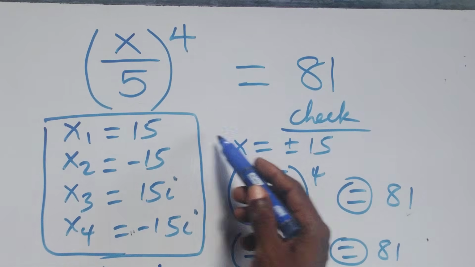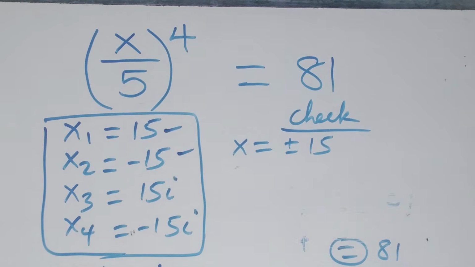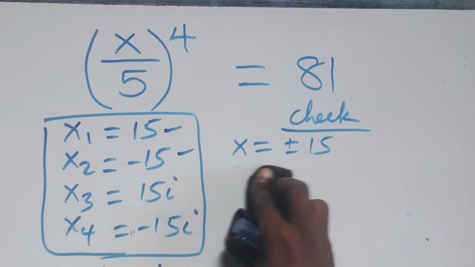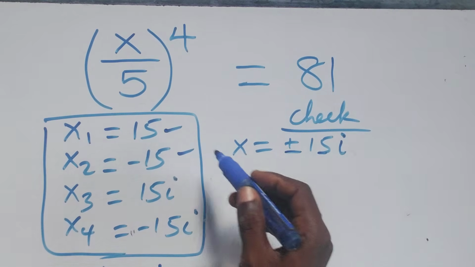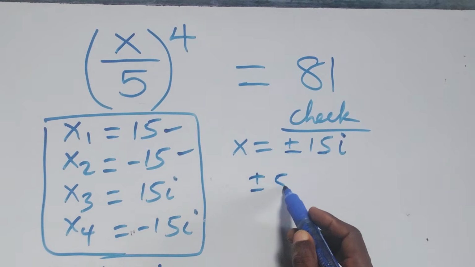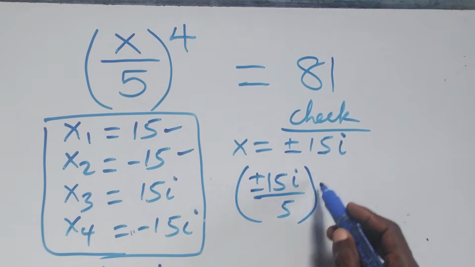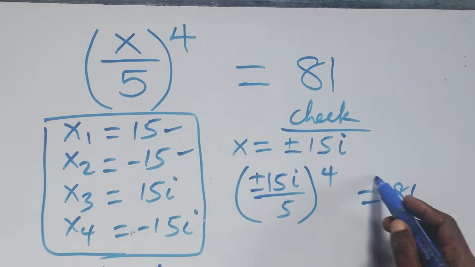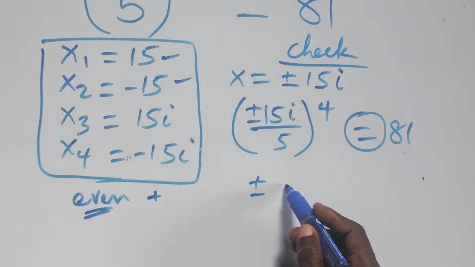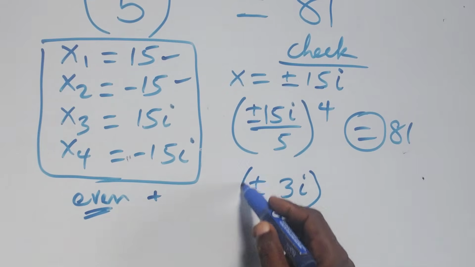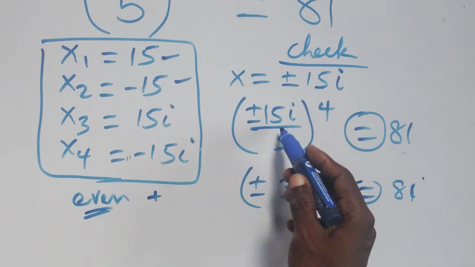satisfy this given problem. Then also we substitute the complex solutions, which are plus or minus 15i. So this becomes (plus or minus 15i over 5) raised to power 4 equals 81 on this side. Also, this can be written as (plus or minus 3i) raised to power 4 equals 81, as 15 over 5 is 3.